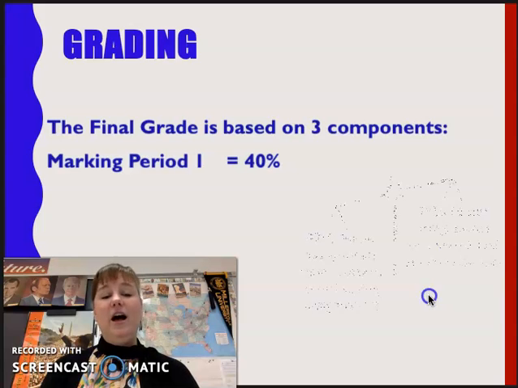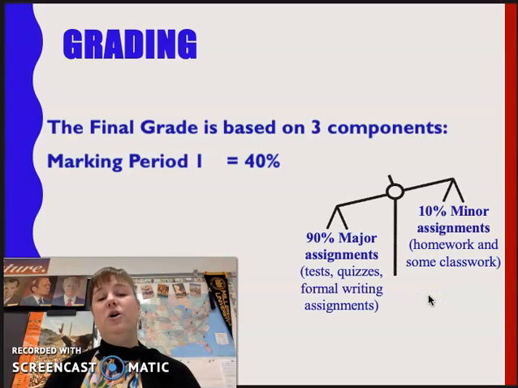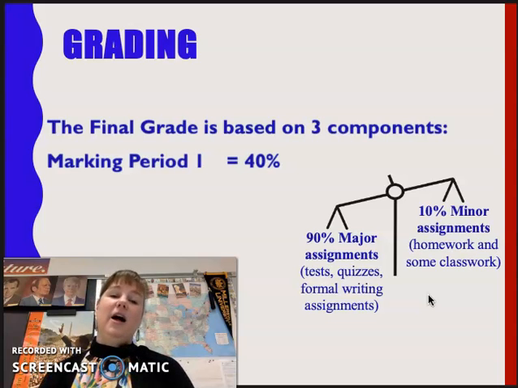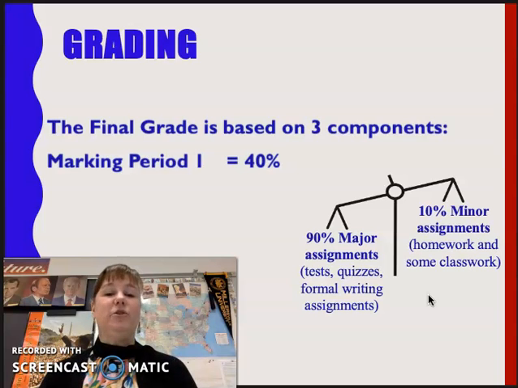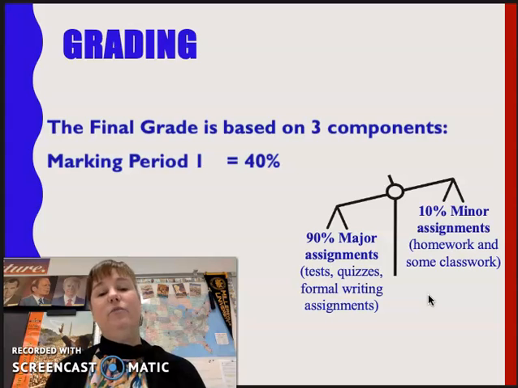And then the marking period grades are divided into 2 components. And this is a weighted system. So when I put the grades into PowerSchool, it automatically applies the weighting and calculates the grade accordingly.